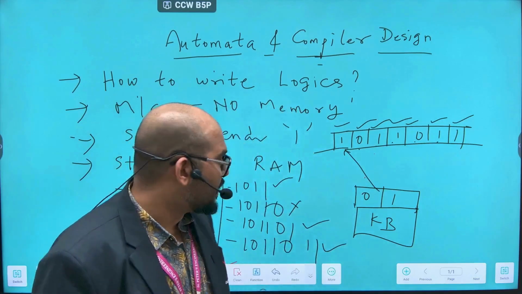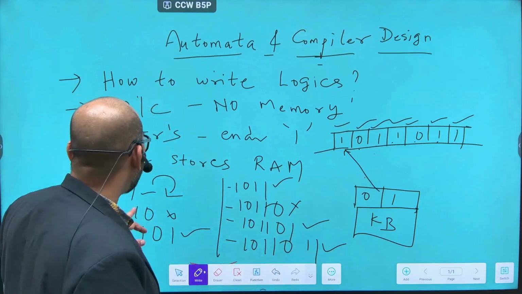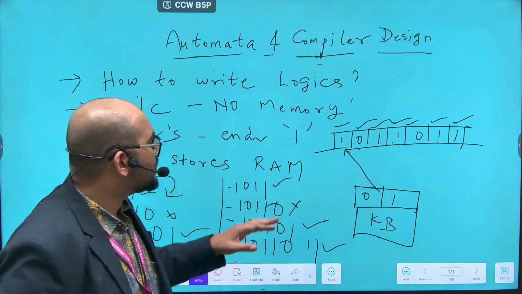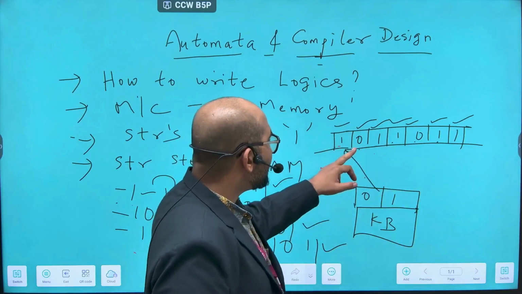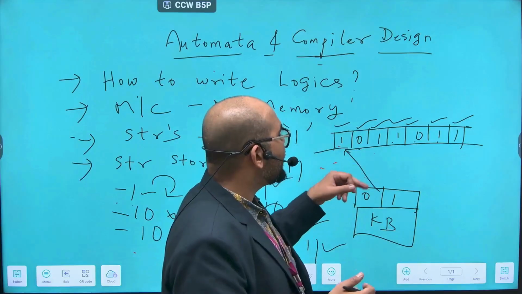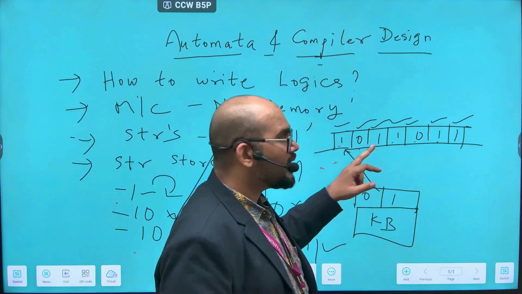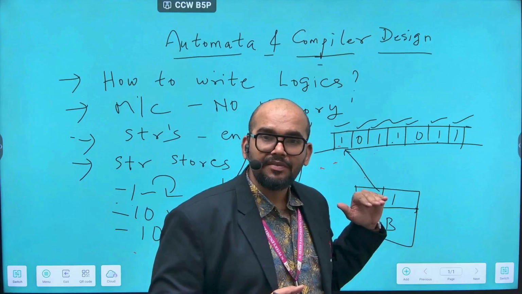We need to take every input symbol. Let me take the first input symbol 1 and process it. Next we take the next input symbol and process that. Similarly, we take the third input symbol, 1, and process that. Like that we process each and every input symbol.